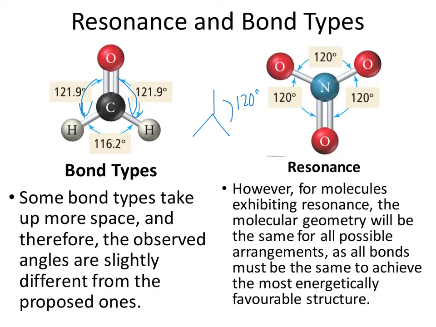So with resonance structures, you'll have all these different arrangements, all having the same bond length. This is only one structure, but because these are delocalized electrons, they're going to keep moving around. And so remember that they have these resonance hybrids, where you'd have these dots here showing that all these bonds would actually be the same.